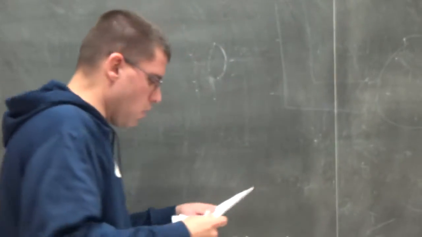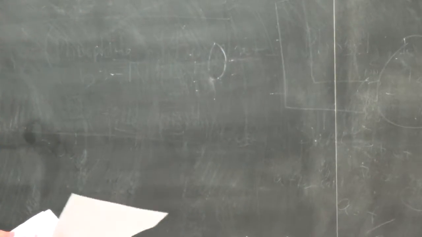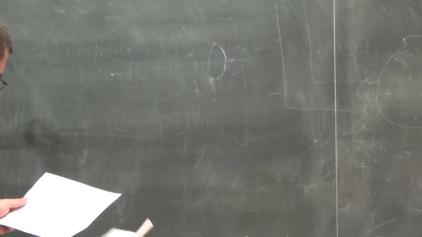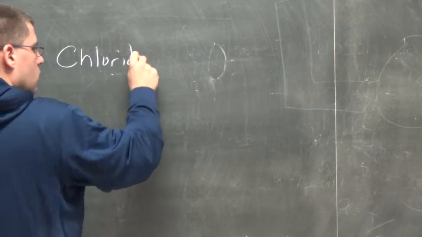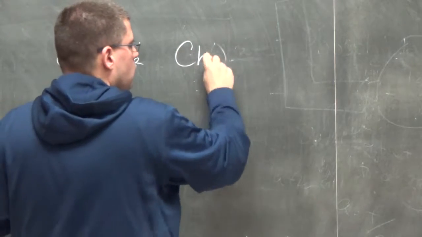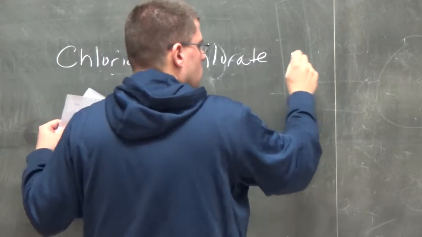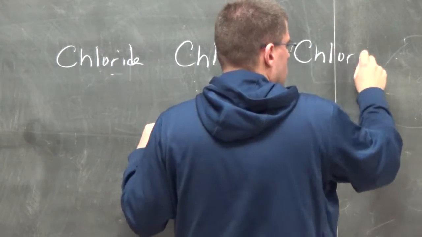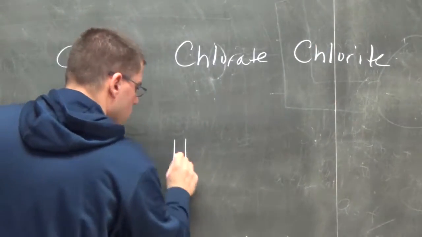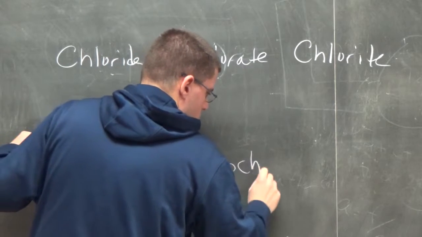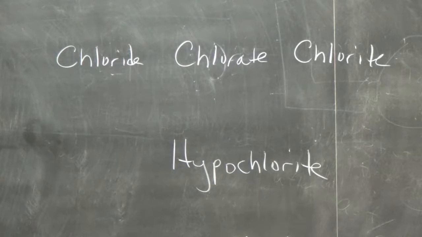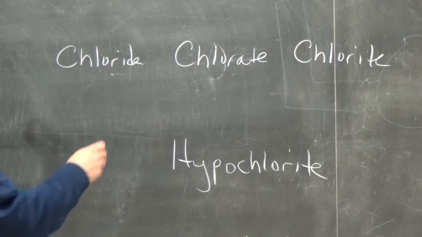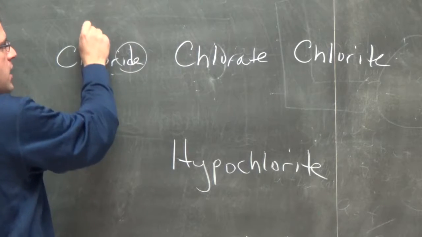Let's take a look at the chloride group right here. Chloride, chlorate, chlorite, hypochlorite. Okay, so right here, -ide, this is monatomic.